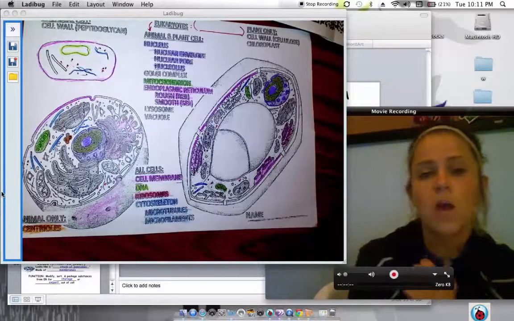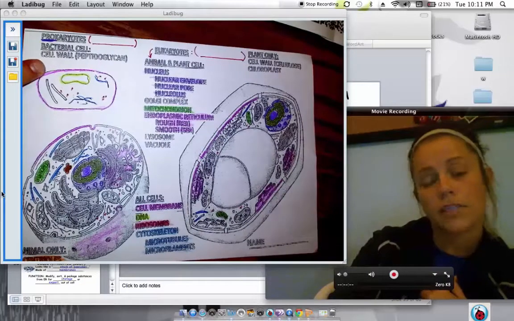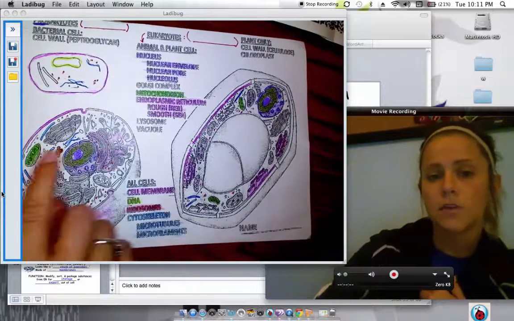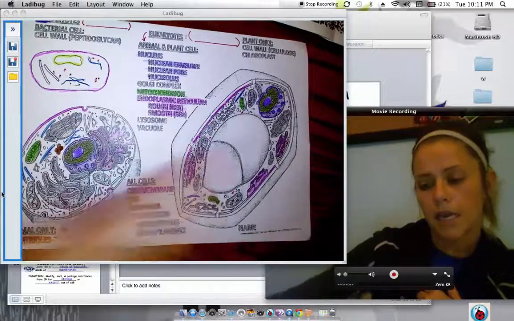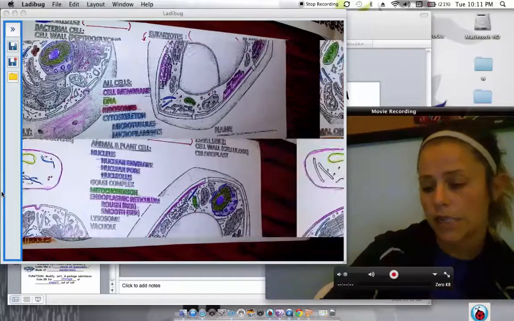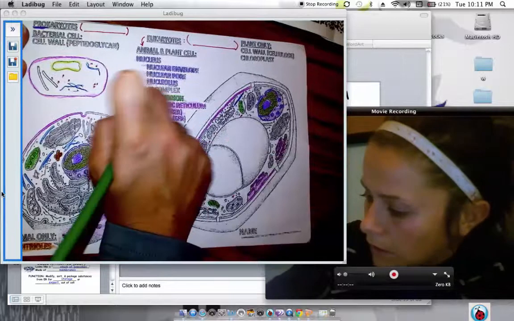Golgi apparatus is not going to be found inside our prokaryotic cell because it has no membrane-bound organelles, but it's going to be found in both plant and animal here. So let's go ahead and color it a dark green. So I'm just going to press harder on this color here.